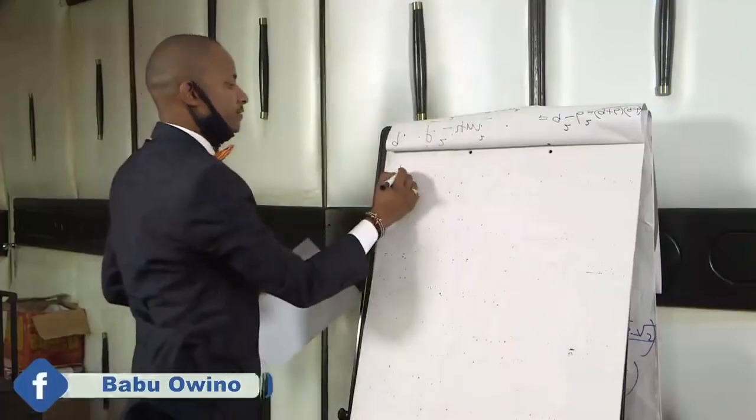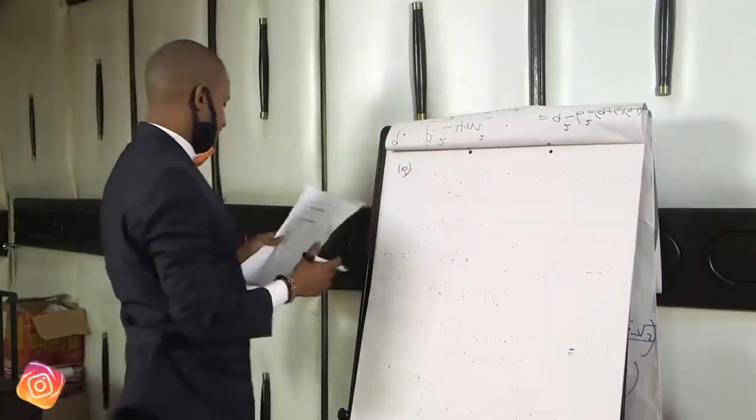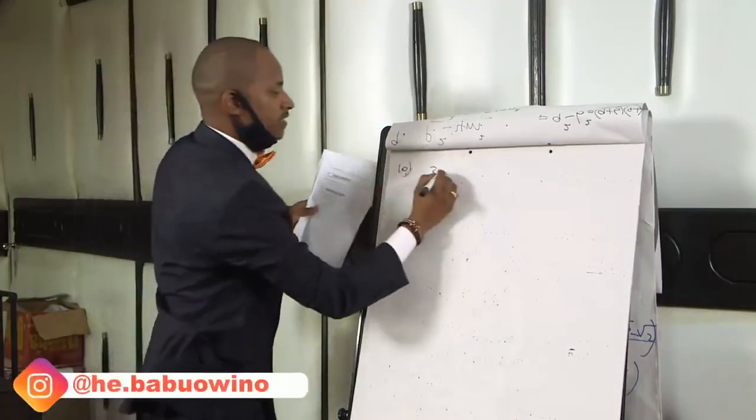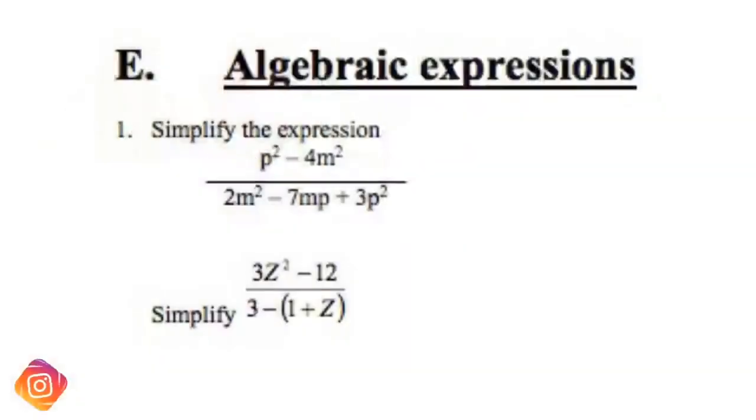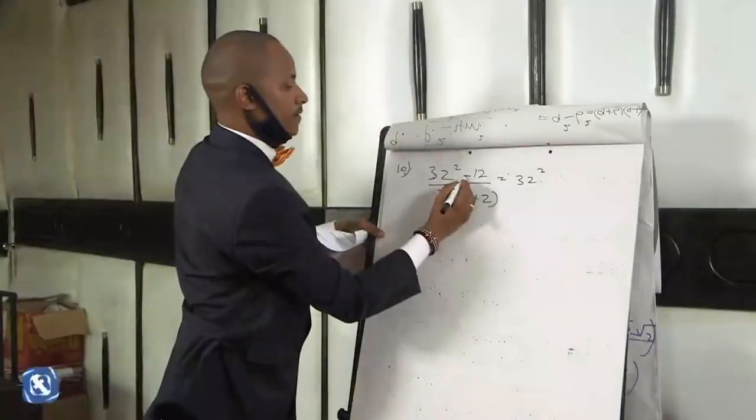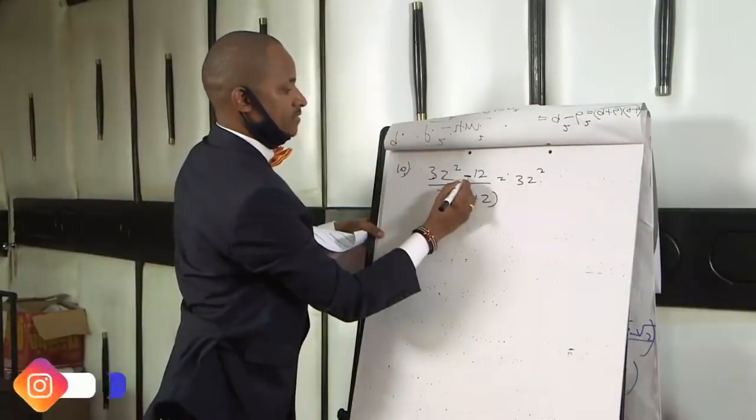Question 10. 3z squared minus 12 divided by 3 minus 1 plus z. Remember I told you, you observe the difference of two squares. Simplify. So here we can see 3z squared minus 12.